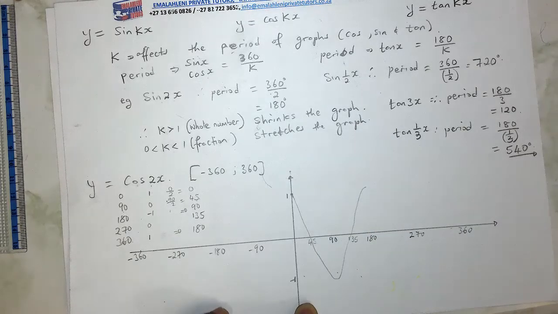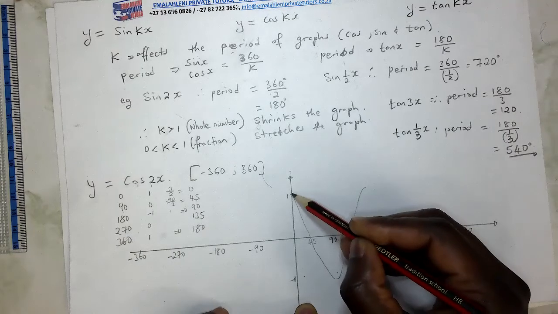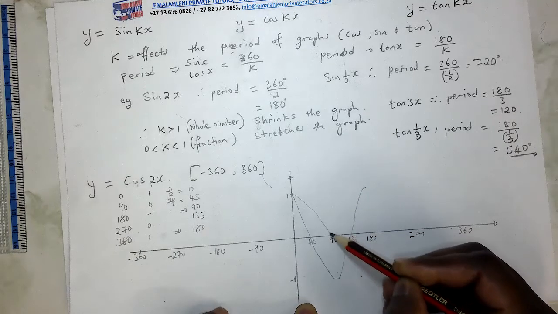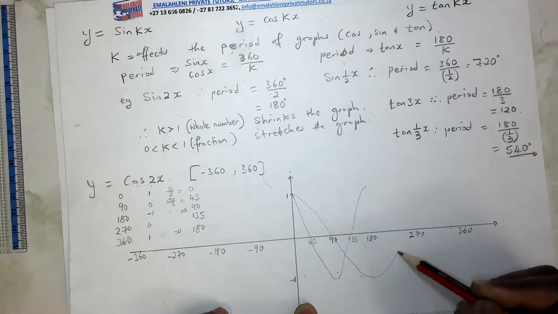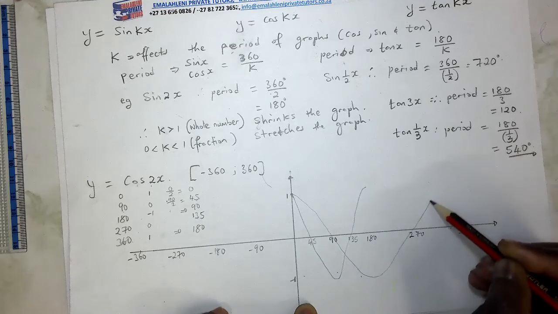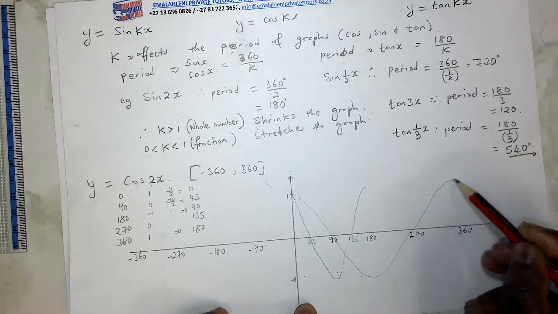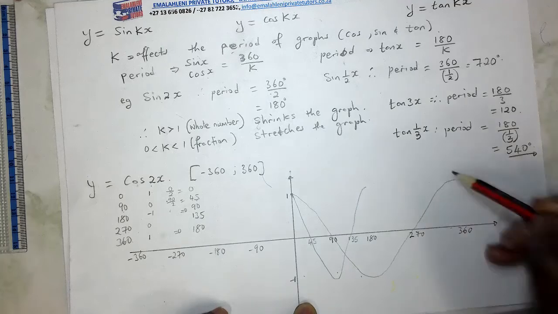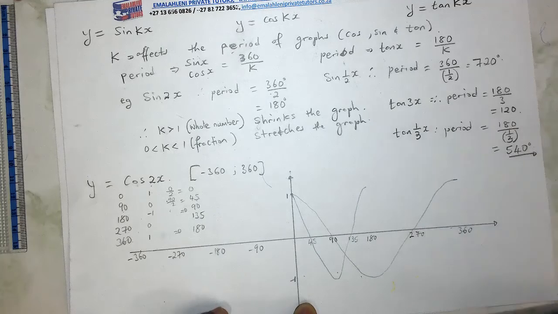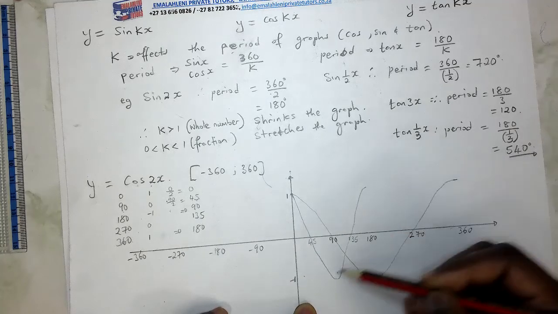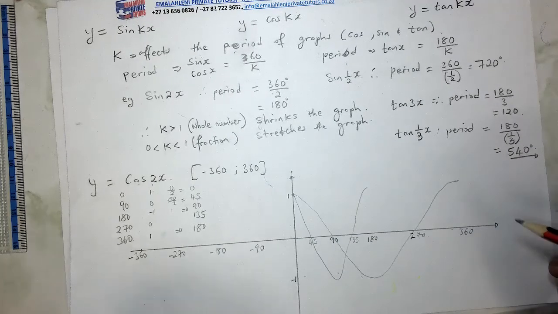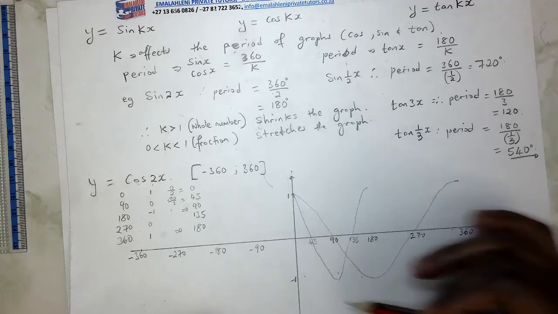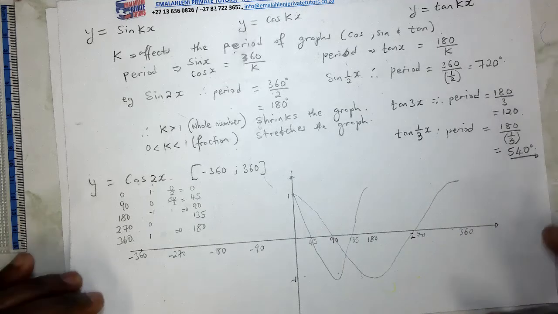Our normal graph starts here, comes to 0 at 90, -1 at 180, 0 at 270, and 1 at 360. You must always remember, when you're drawing your graph, make sure that your curve is smooth. Don't repeat the drawing. You must move your pencil once.